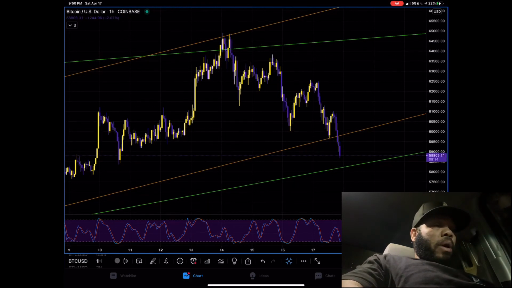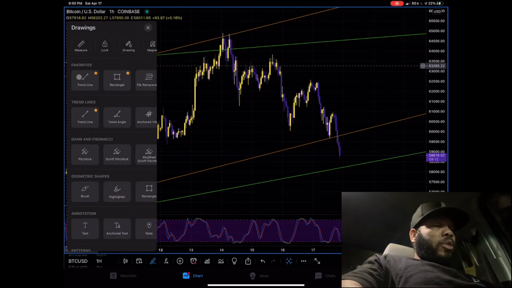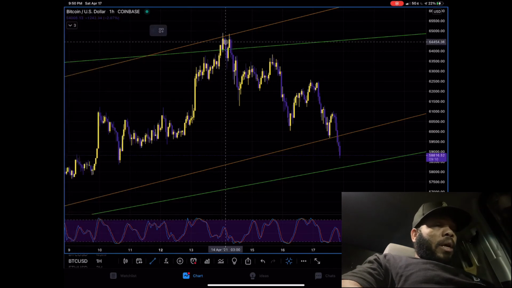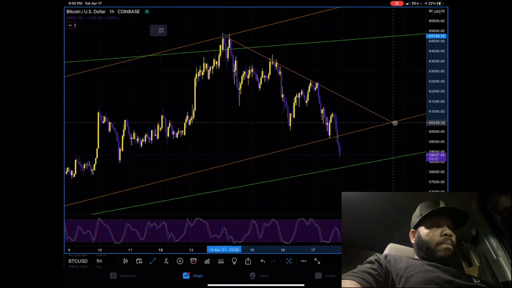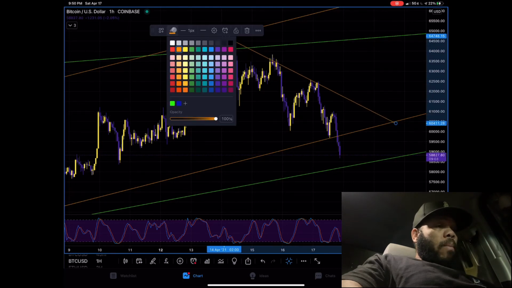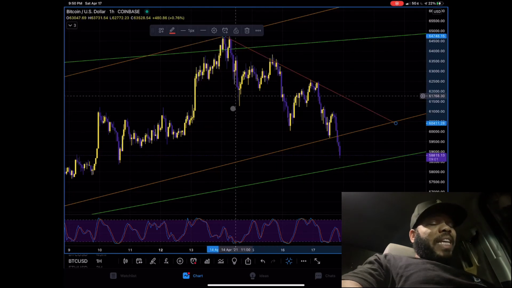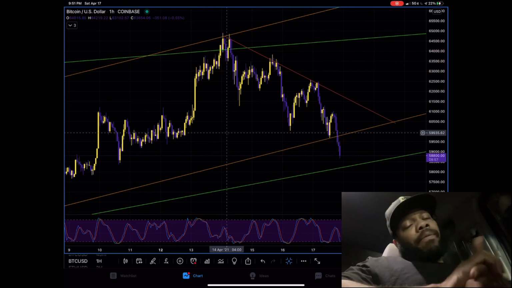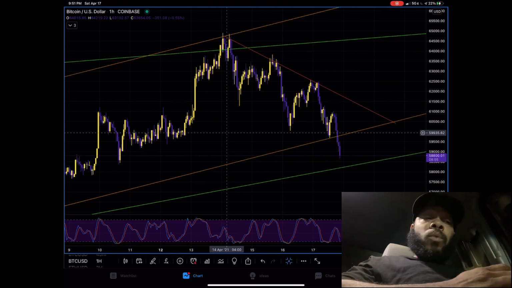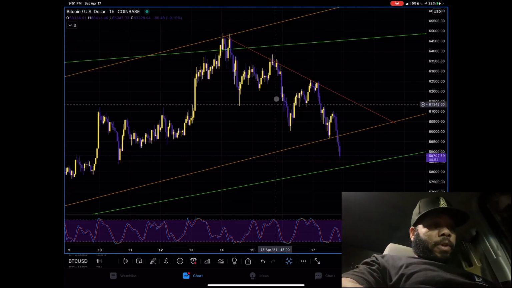So this is the structure that we're going to choose to trade on the 1 hour. So on the 1 hour, I'm going to make another trend line. And on my 1 hour, my trend lines are red. It's getting hotter as we get down closer to like the 5 minute and the 1 minute, which is white hot. You know, you feel what I'm saying?